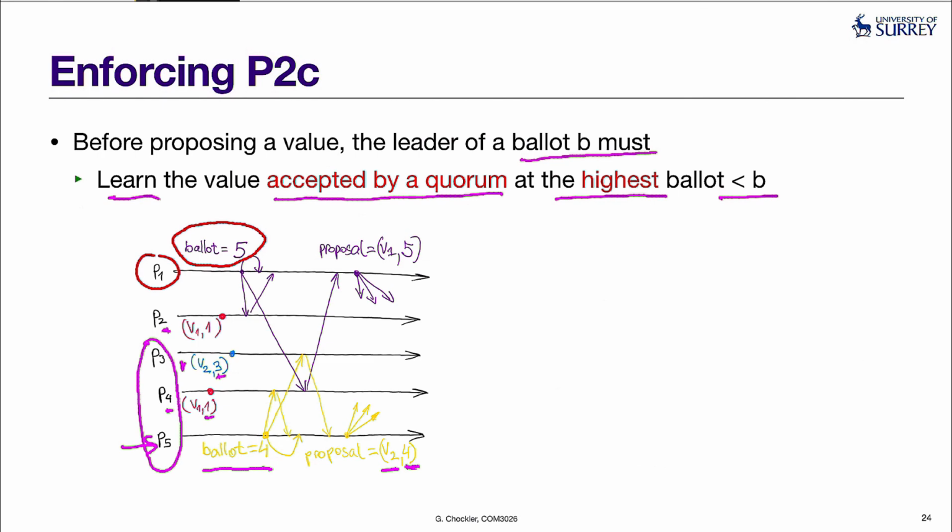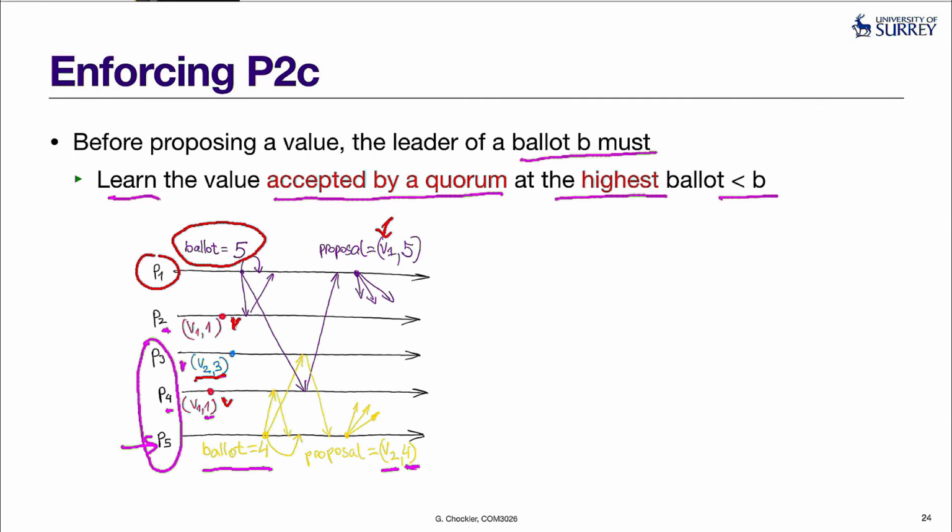So if this happens, P1 will also query some quorum, and that quorum can be a different quorum from the one that P5 is contacting. And it may not see this value V2 at all, so it only sees value V1 with ballot 1 twice, and so that is going to be its proposal.